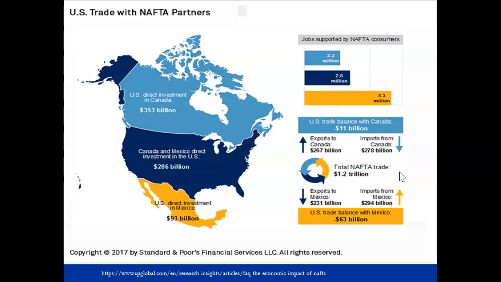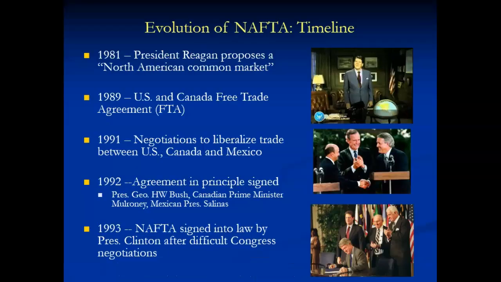The exports to Mexico are 231 billion, and imports from Mexico are 294 billion. Of course, these numbers will change because they are from a Standard & Poor's Financial Services report that was done in 2017.